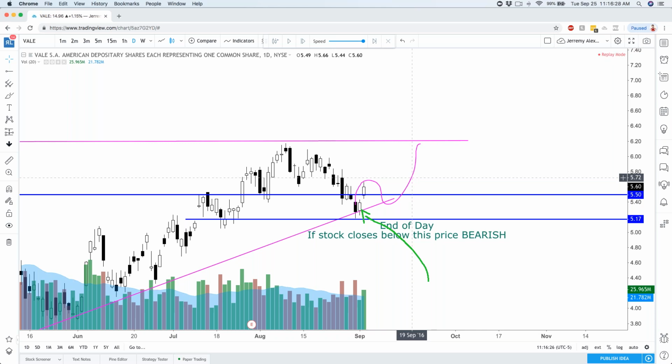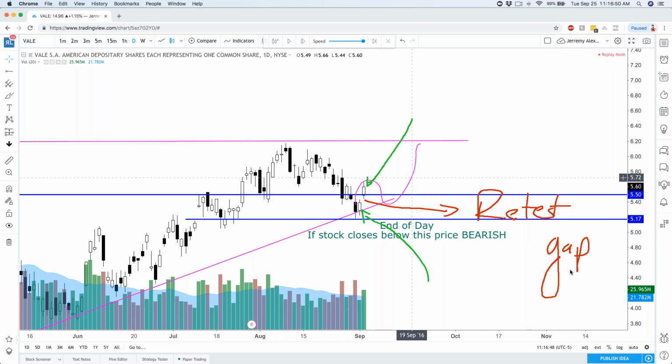So on VALE, let's extrapolate the sentiment from these candles that we see. We have this bullish candle and then we have this bullish candle. This particular gap is something that I refer to as a retest gap. Now, the cool news is this piece of information you can use for the rest of your trading career. This is a really good takeaway.